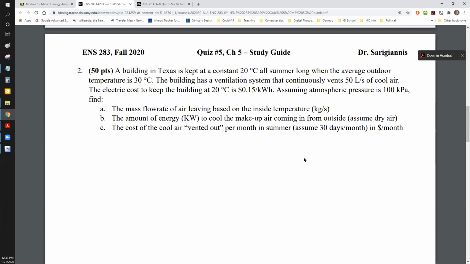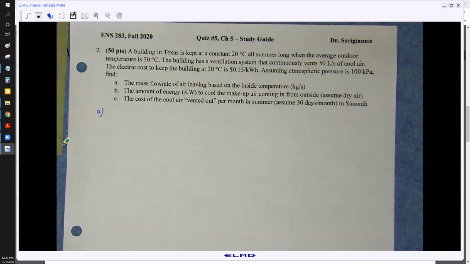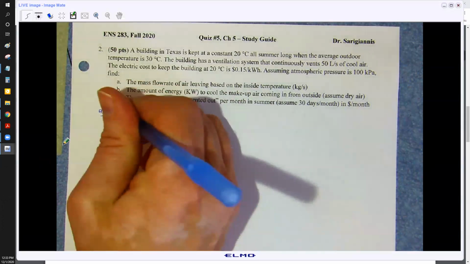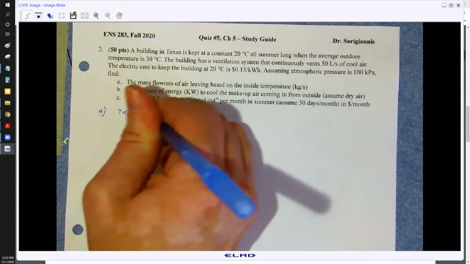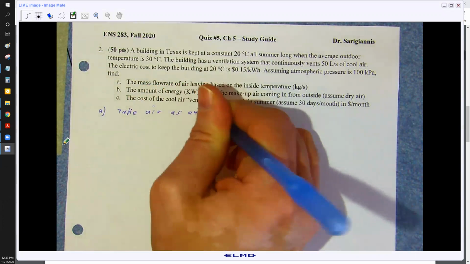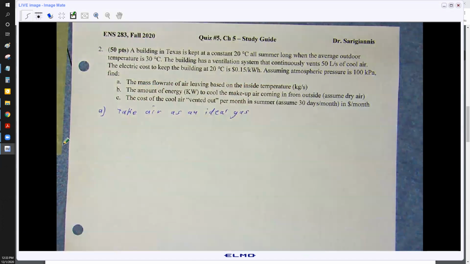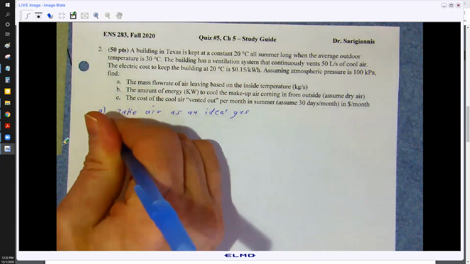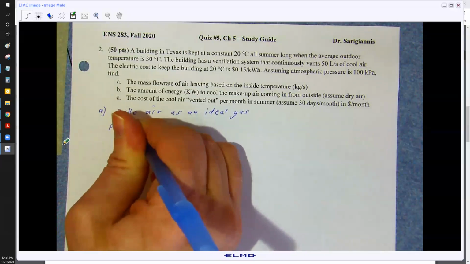So let's start this. The first thing we can assume here is that air is an ideal gas. So let's work with that assumption in part A. If I do that, I can write PV equals mRT.